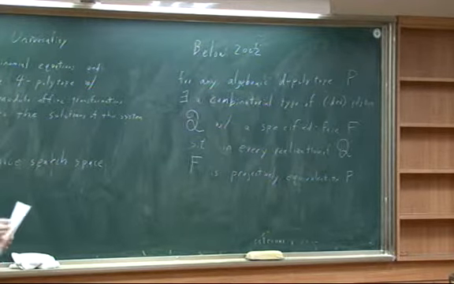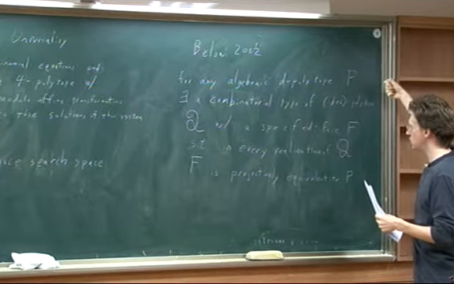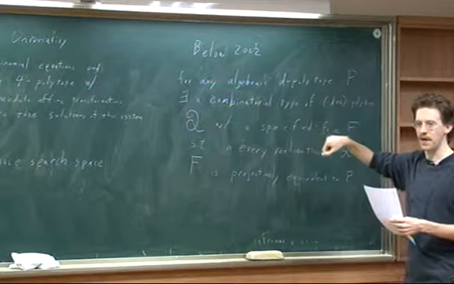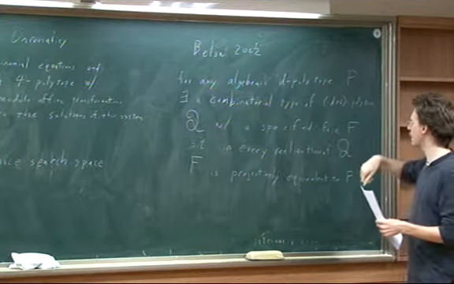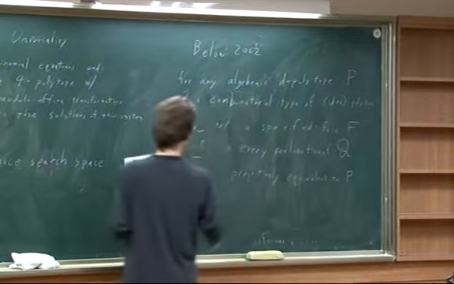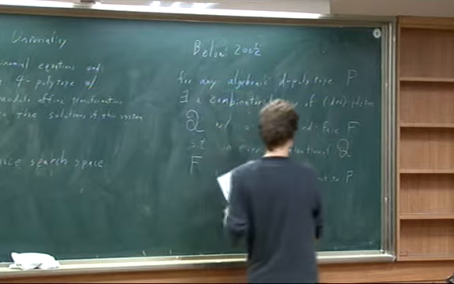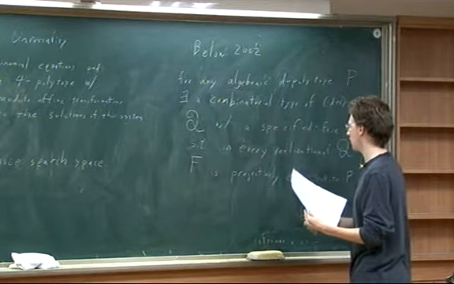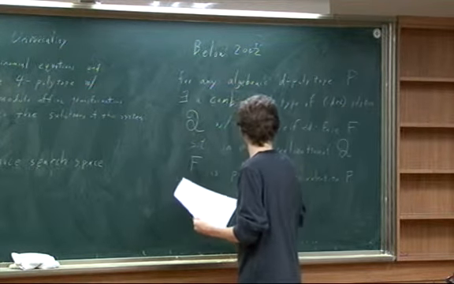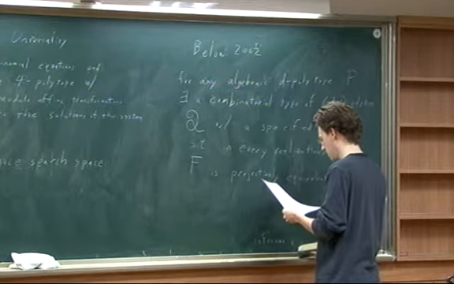I start, you can give me some polytope using this. I find some face lattice, and then anytime, and this is realizable. So actually, there's something a little bit stronger you can say.